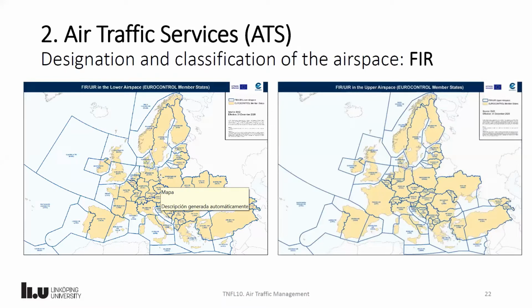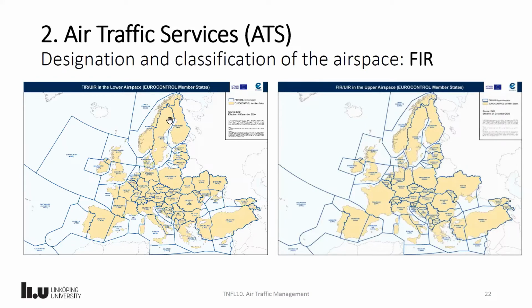They should be designed with an operational purpose, for efficiency, which is not always the case, but in general they should be designed so that the provision of the services is more optimal. Also, the flight information region is usually divided in two parts, which are the lower airspace and the upper airspace. So in these figures over here, we have the flight information regions in the lower airspace in Europe.